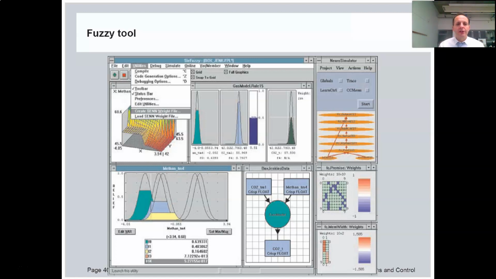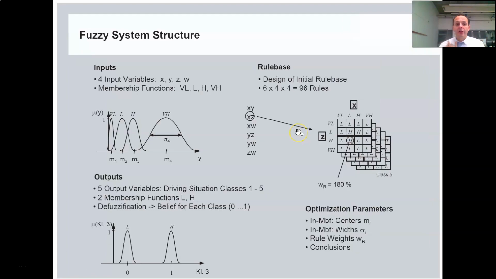So we have this integrated fuzzy tool, which is represented by the fuzzy logic toolbox, which allows you to set your fuzzy membership functions, to decide the inputs and the outputs, and the different parameters in your system.